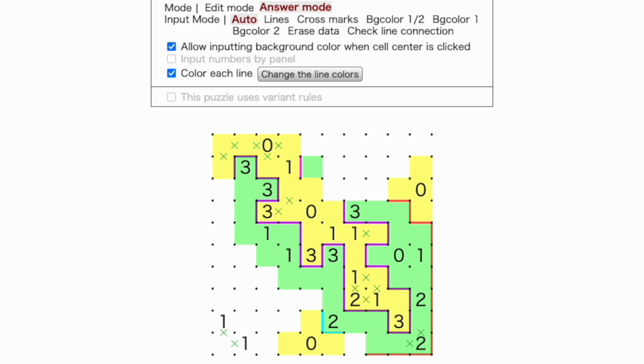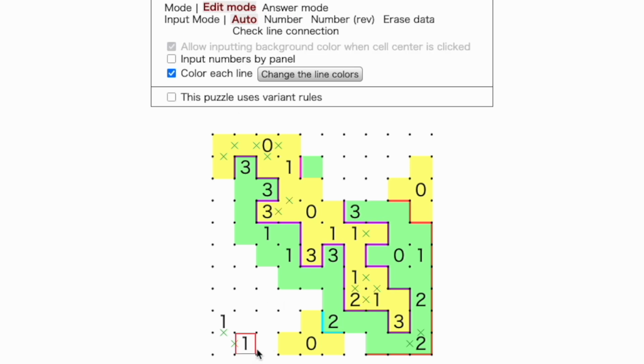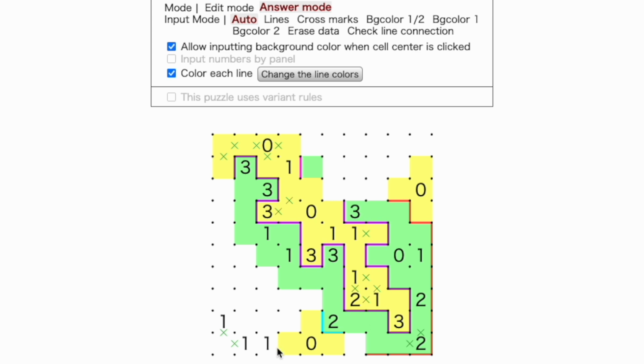And now that we've done that, let's answer the question by putting something here. And if that something is another 1, that then says, well, it's not this 1, because that would have nowhere to go.